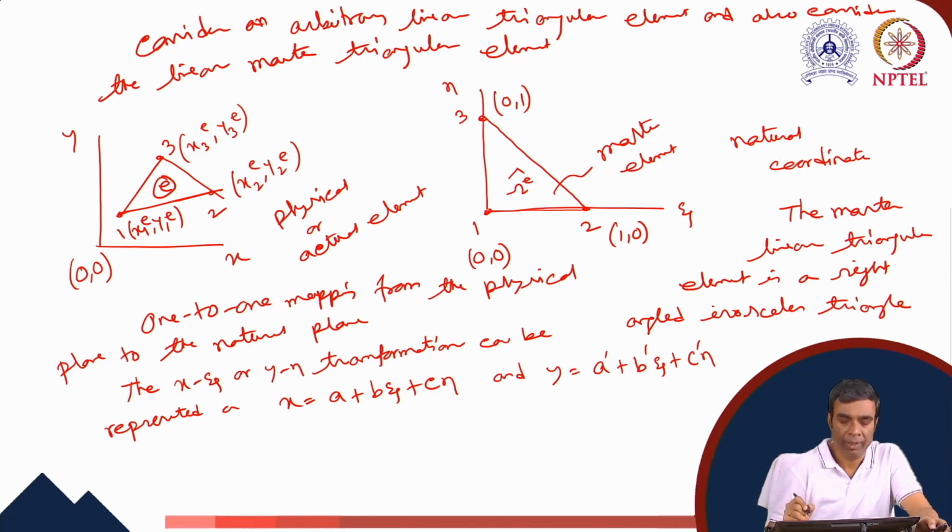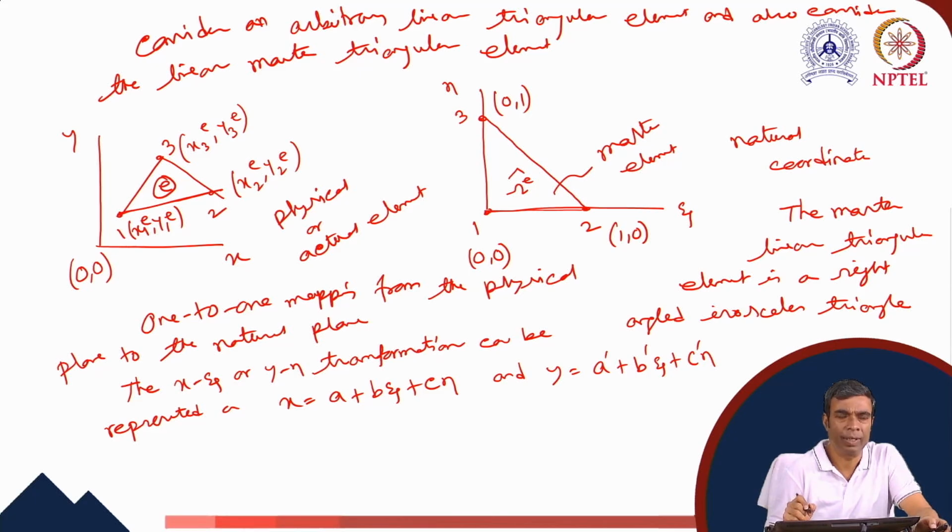Now, using the actual coordinates of the physical element in the xy plane for nodes 1, 2 and 3, we can calculate the coefficients a, b, c or a dash, b dash, c dash.